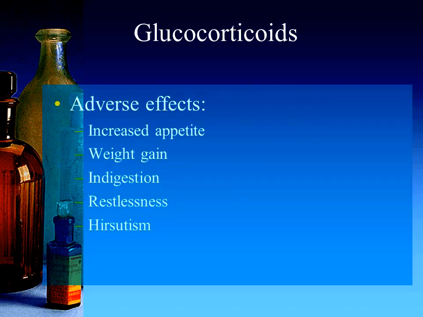Okay, so now that we know how they work, what we use them for, what are some problems we have with administration of glucocorticoids? The most common things that we see, or most frequent, would be an increase in appetite and weight gain. We may see some indigestion and restlessness.